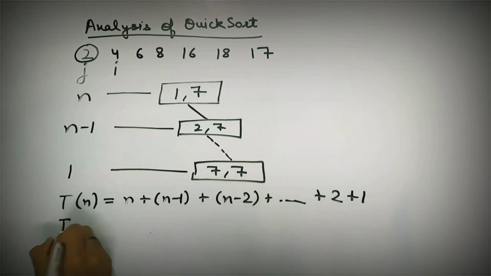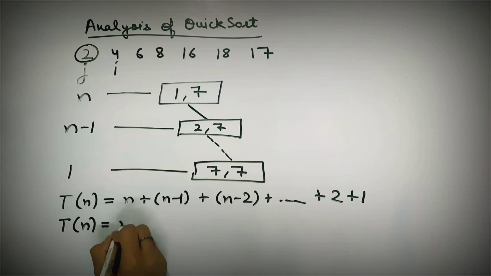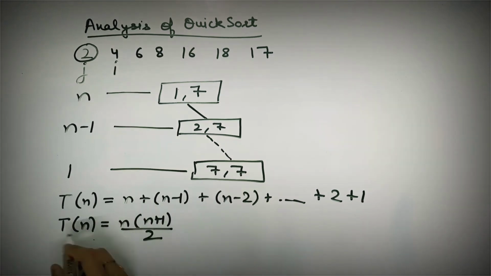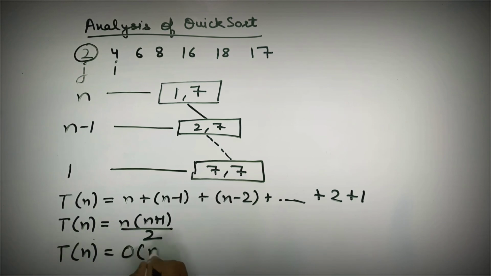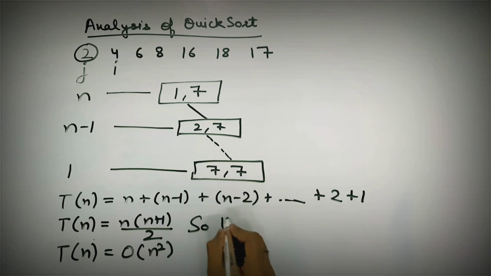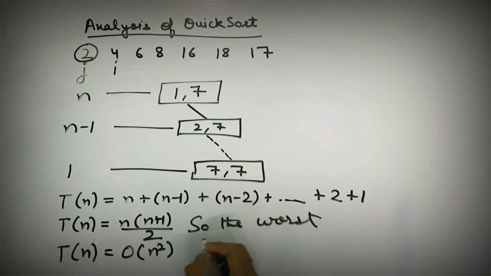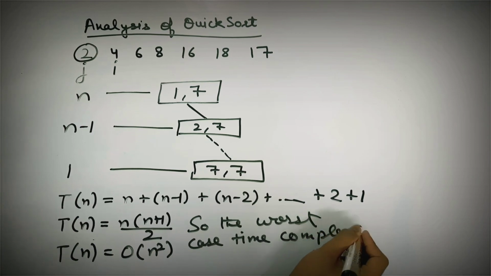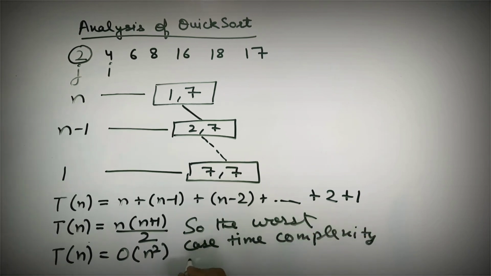So as you can see, this is n into n plus 1 by 2. After applying Master theorem to this, we will get T of n equal to O of n square. So the worst case time complexity of quicksort is O of n square.